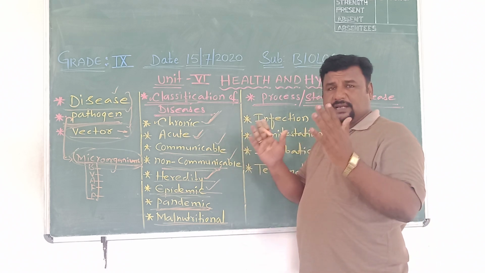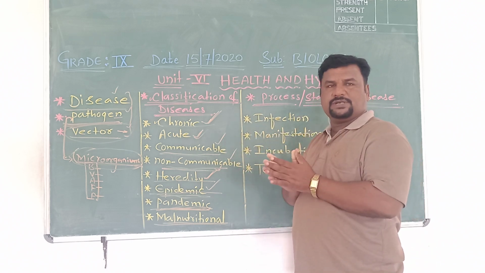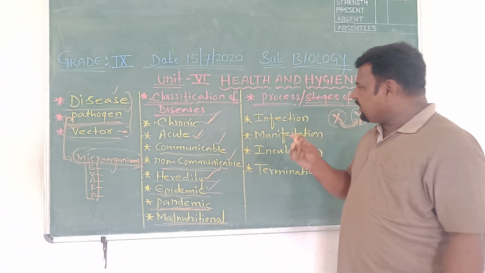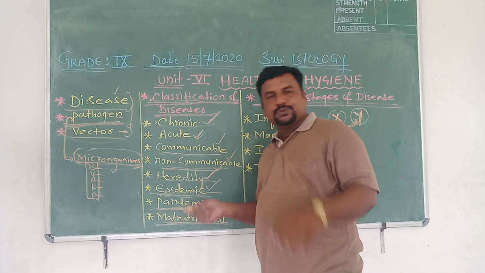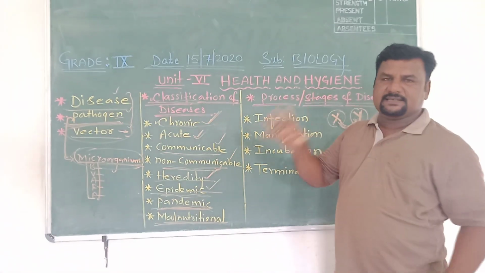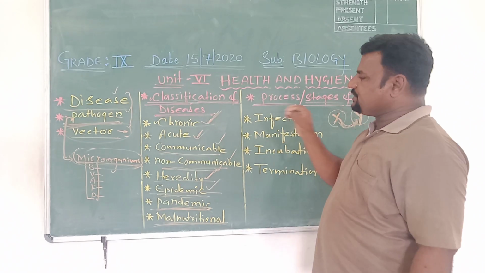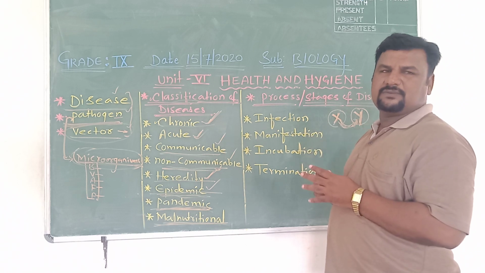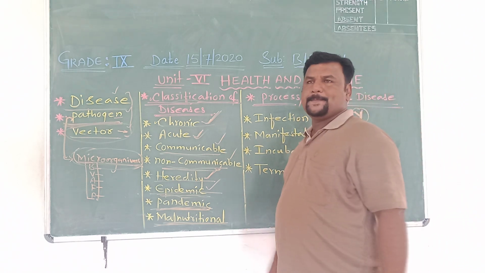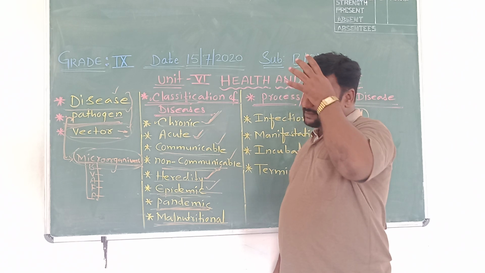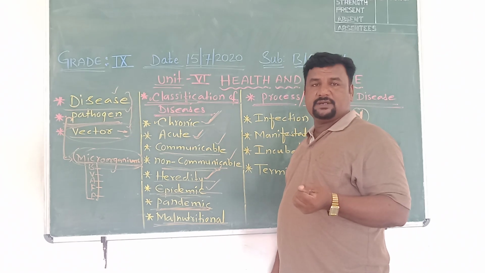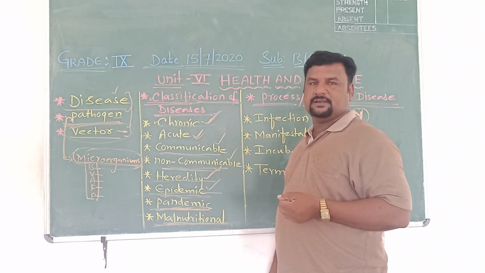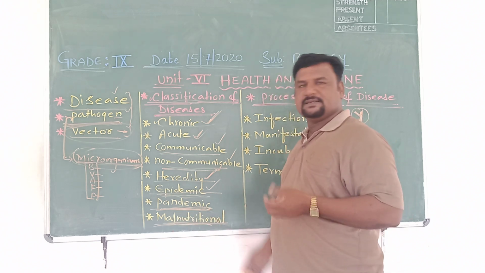If the diet we take is not having enough of the essential required nutrients, then we become victims of deficiency disorders. For example, marasmus, and scurvy, bleeding of gums, which occurs due to deficiency of vitamin C, ascorbic acid.